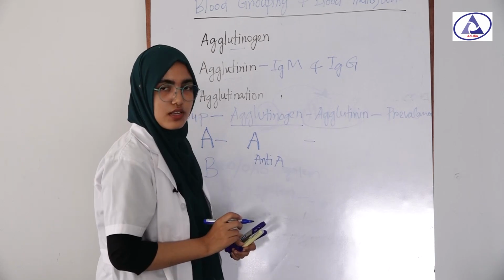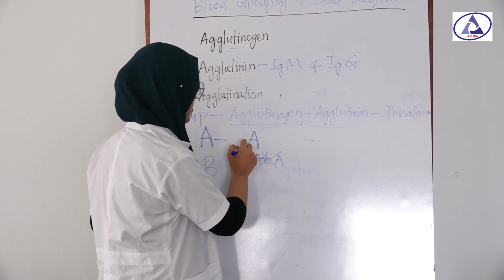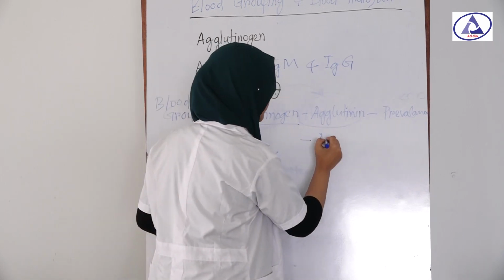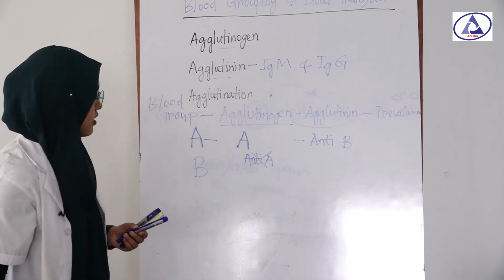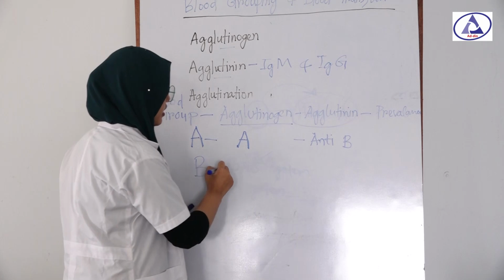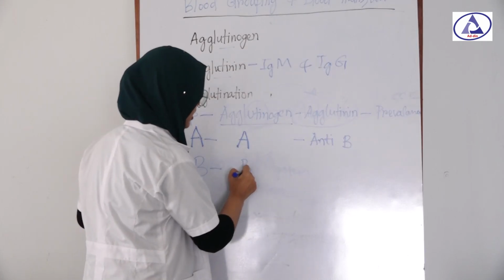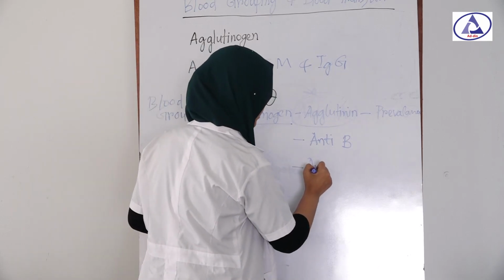According to the law, this agglutinin will be absent from the plasma of that person. So there will be anti-B. And for the person having blood group B, agglutinogen will be B and agglutinin will be anti-A.